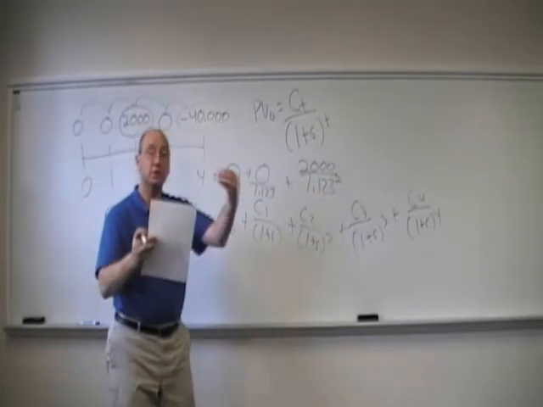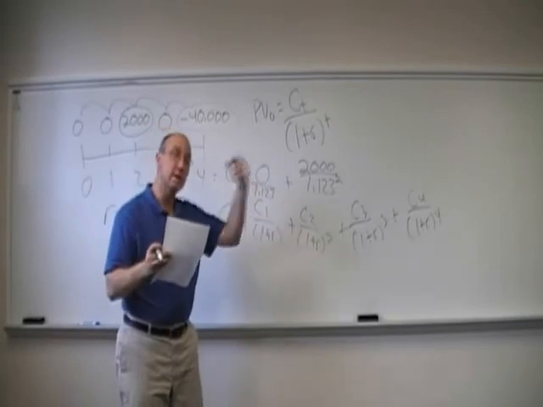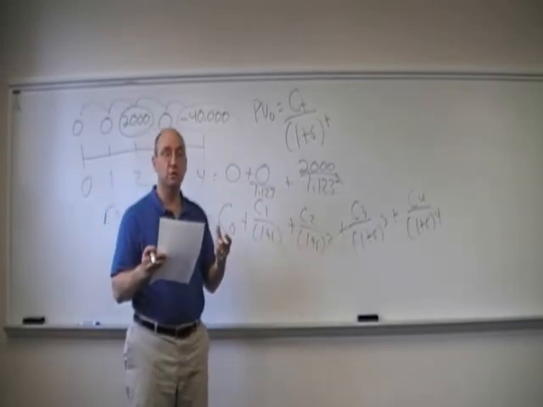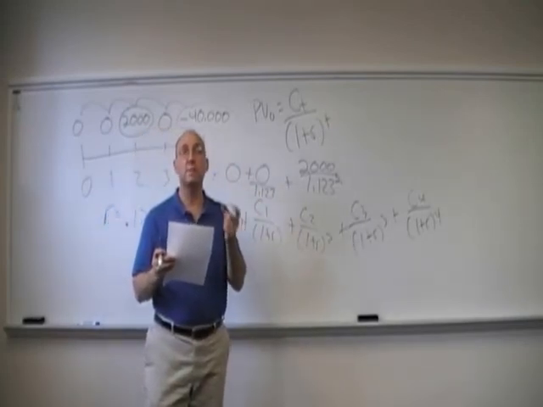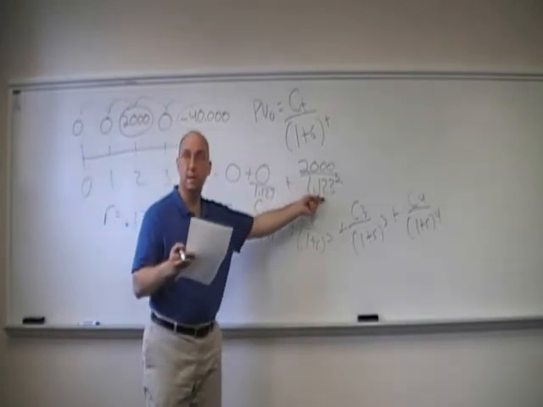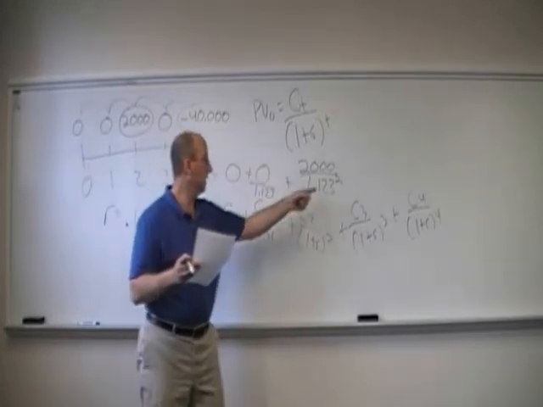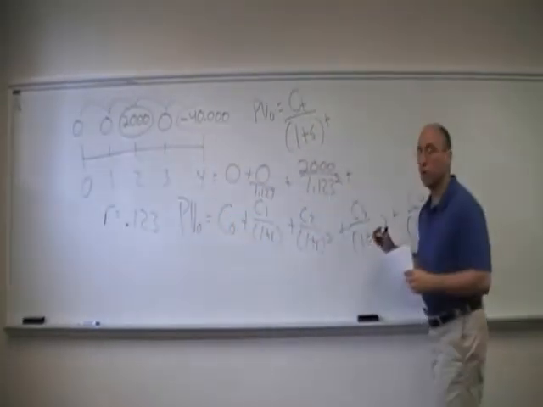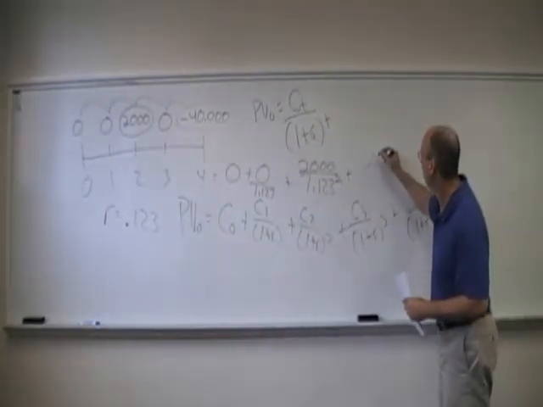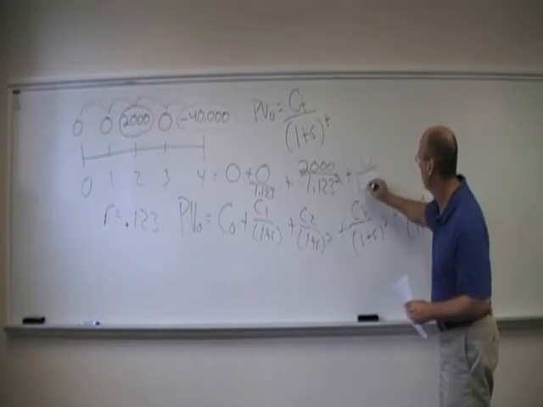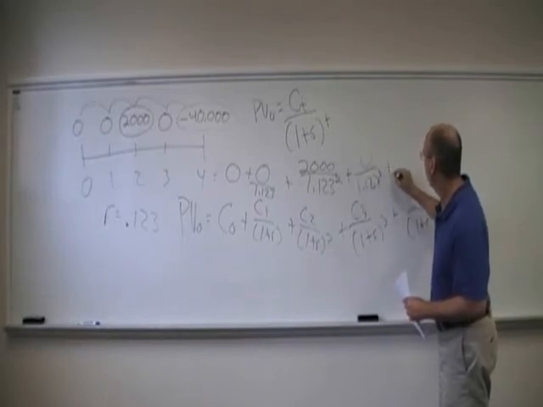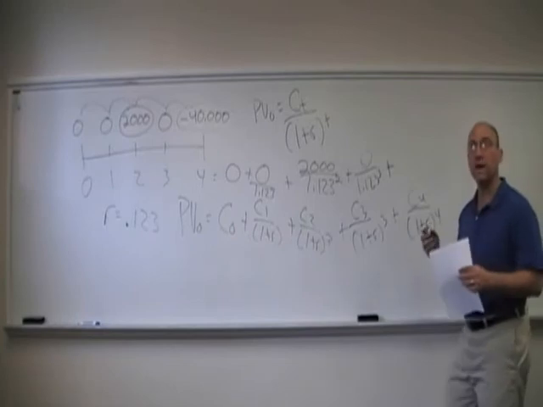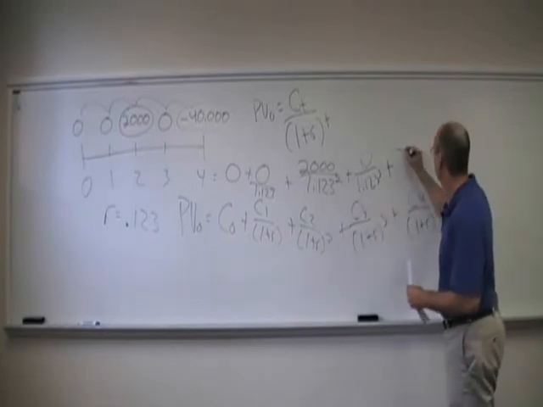We're going to get 2,000 in 2 years, so the discount rate per period is 12.3%, but since we're getting it in 2 periods, we take that into account there. There are no cash flows expected in 3 years. And then in 4 years, we're going to have to pay $40,000.